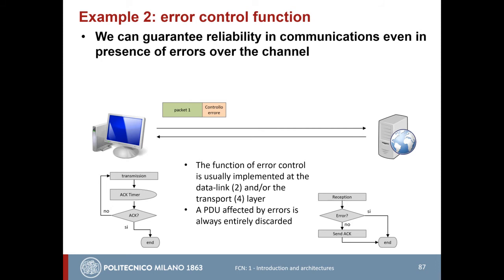How is this error control function usually implemented? First of all, we always talk about protocol data units, so finite strings of bits, or packets, or they are named in different ways, but the concept is packet. So when the sender sends the packet to the receiver, the receiver must be able to understand from the packet that has been received if an error occurred during transmission or not.